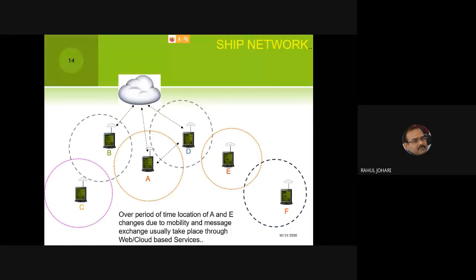I can have a test bed here in India, another test bed in Australia, and using satellite communication and cloud-based web services, I can quickly transmit the messages. I can have my own private cloud, for which I have to bear a cost, or I can have a public cloud, or I can have a hybrid cloud, which has the best features of both the public and the private cloud.